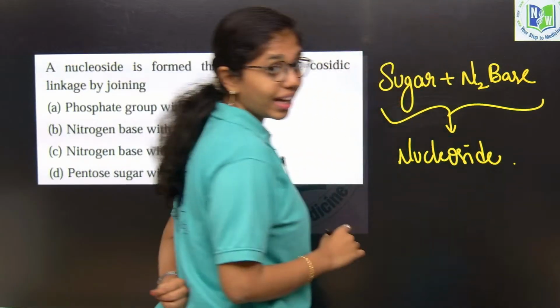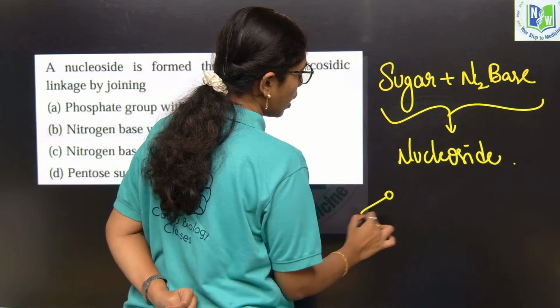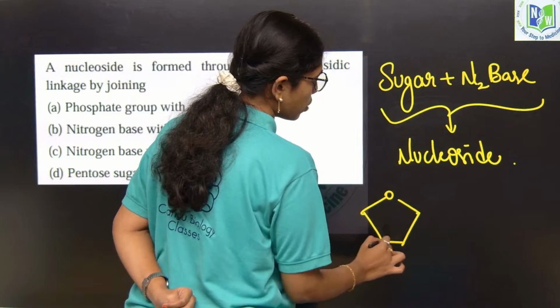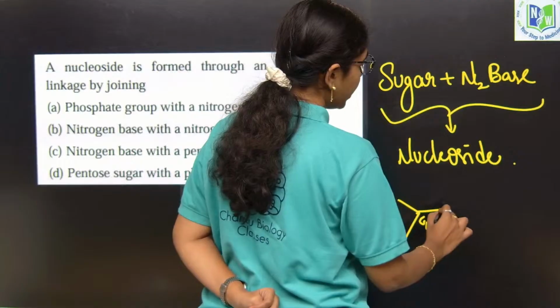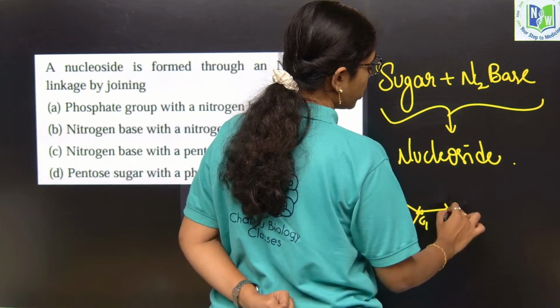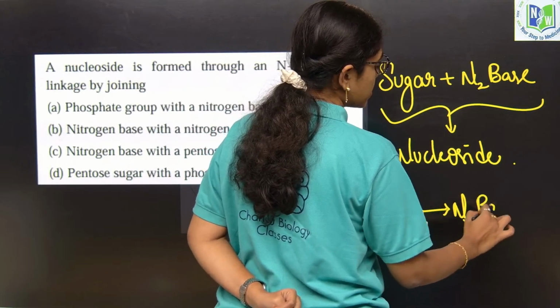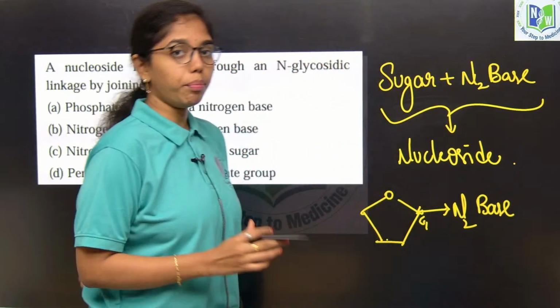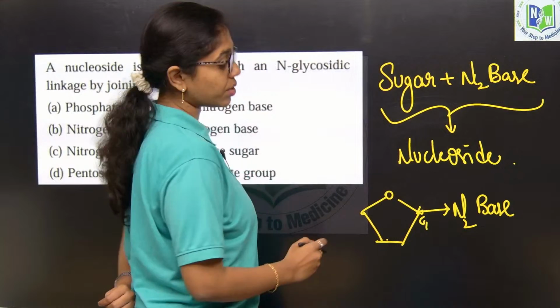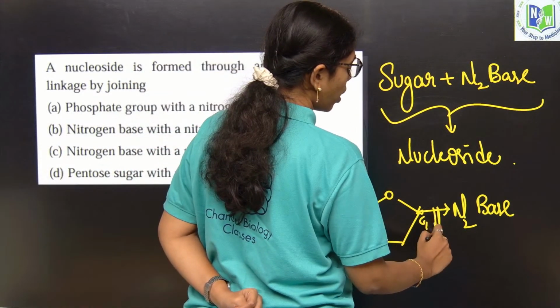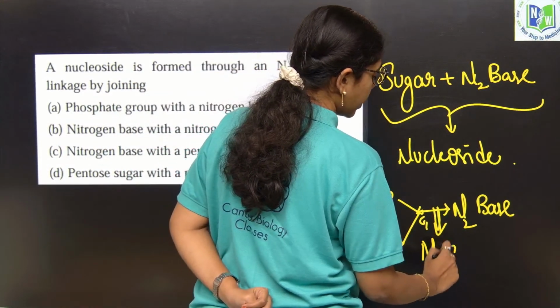Sugar is a pentose sugar. The first carbon of this pentose sugar will be adjoined with the nitrogen base. This nitrogen base can be a purine or a pyrimidine. So sugar and nitrogen base are associated by what bond? N-glycosidic bond.